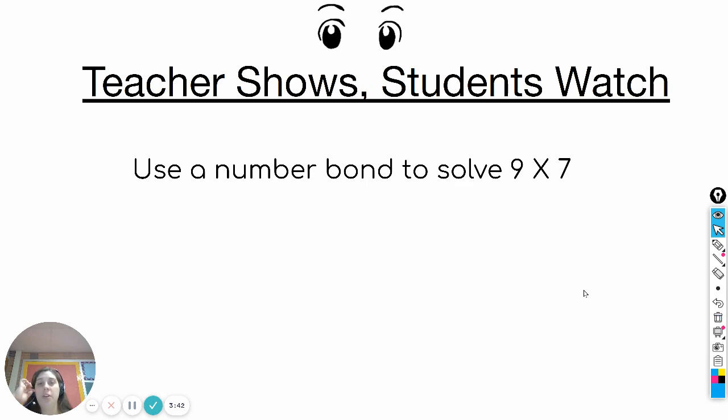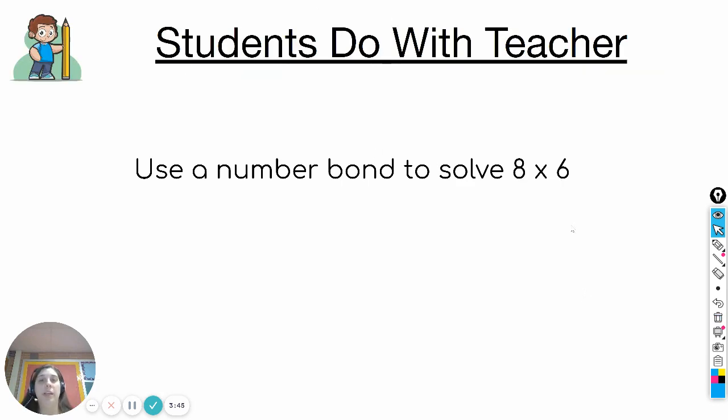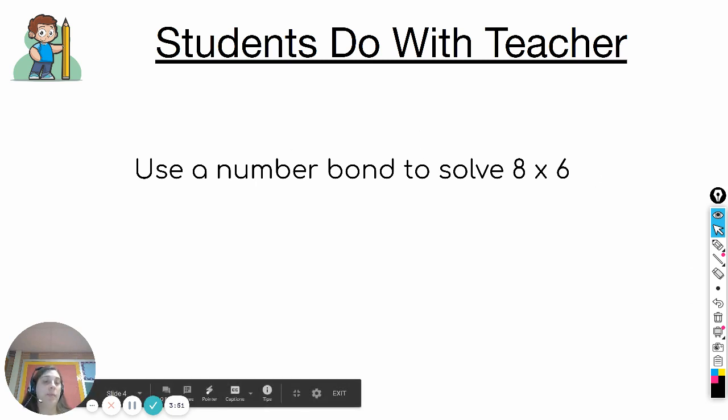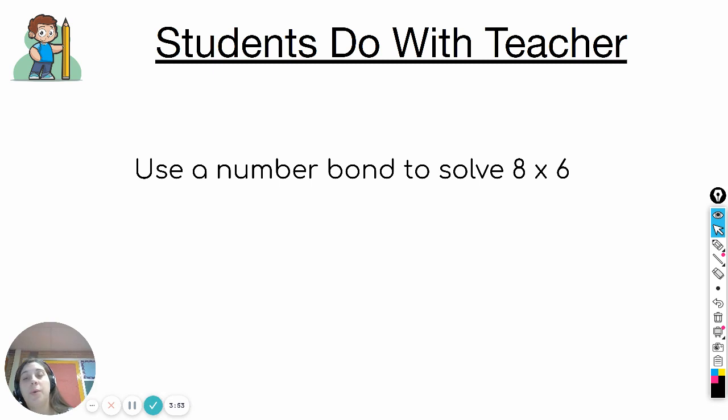Okay, so now we're going to do one together. So you're going to need out your whiteboard. We're going to use a number bond to solve 8 times 6. So the first thing I want you to do on your whiteboard is I want you to make the big piece of your number bond, the spot where we're going to put our product or our answer. Now, 8 times 6 is like 8 groups of 6.